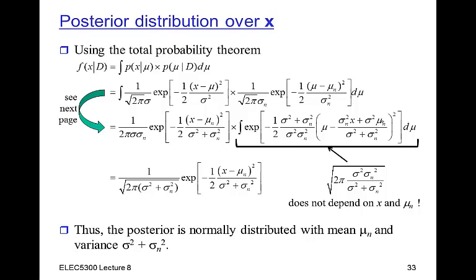But the center of the hill doesn't really matter because I'm integrating over this thing from minus infinity to infinity. So the position of the hill doesn't matter. The value of this does not depend on x and mu sub n. It really only depends on the width of the hill, which is determined by this parameter here, which is kind of like playing the role of 1 over the variance.